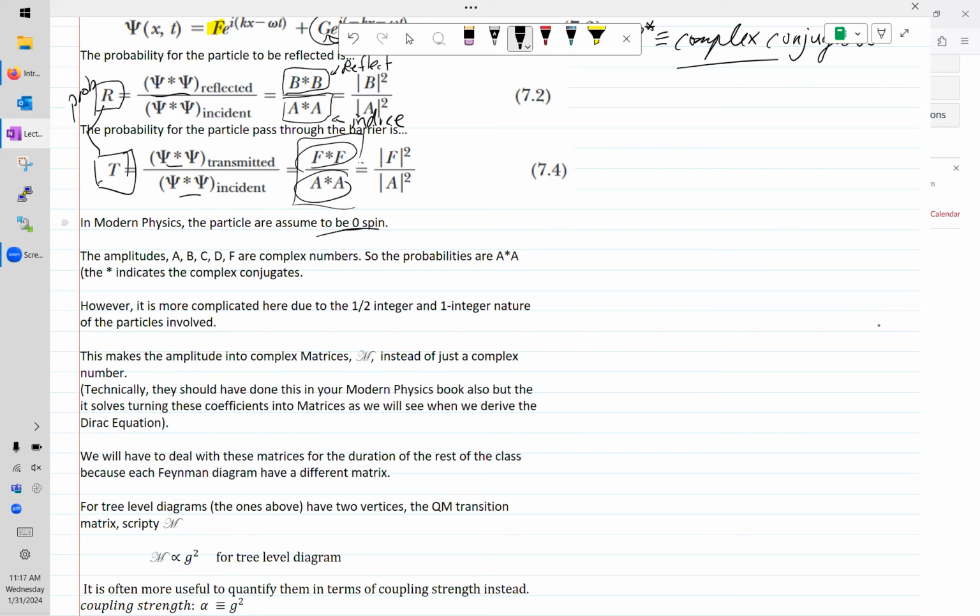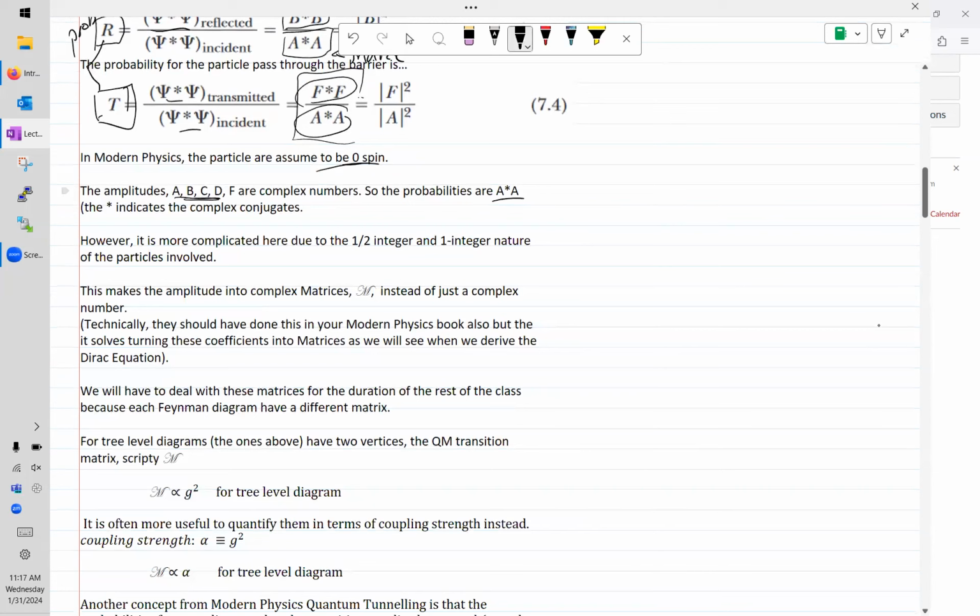And what's going to happen is that instead of these amplitudes being complex numbers, where you can figure out the probabilities by just taking the complex conjugate times itself, due to the spin nature of most of the particles in the universe, it's going to turn these amplitudes from complex numbers into complex matrices.